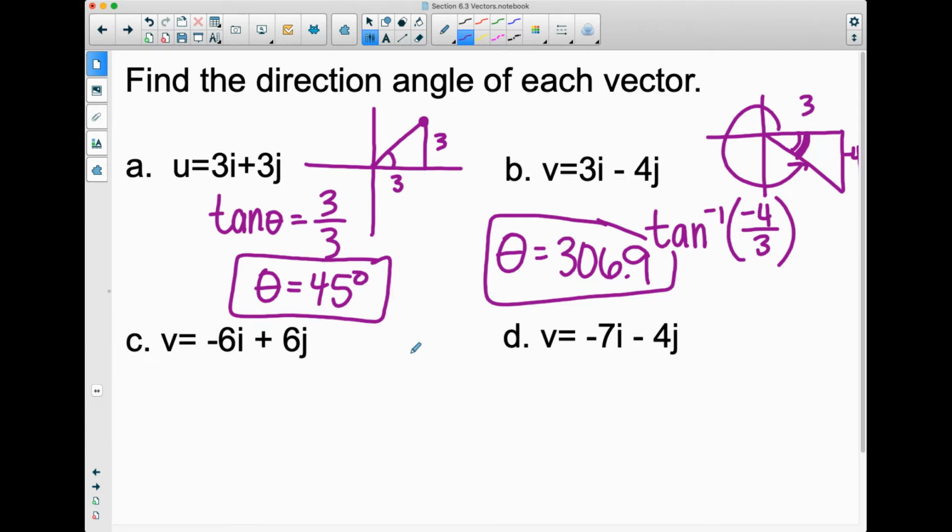Sometimes it's 180. You want us to do D? Yes, C and D. C is also one you should know because it's on the unit circle.